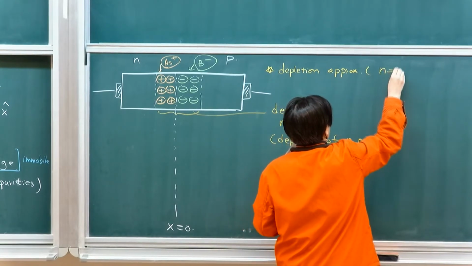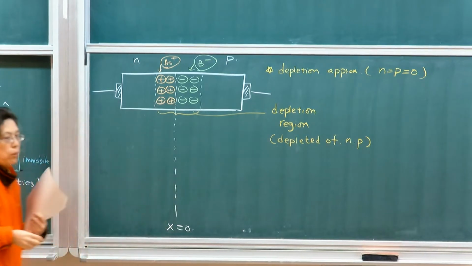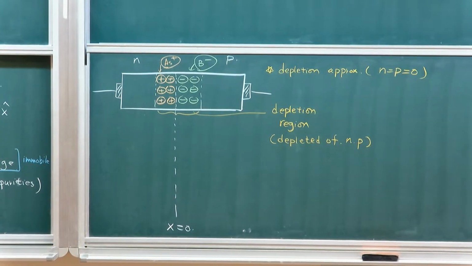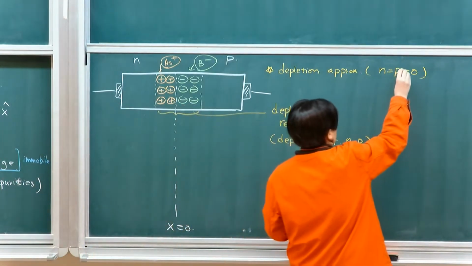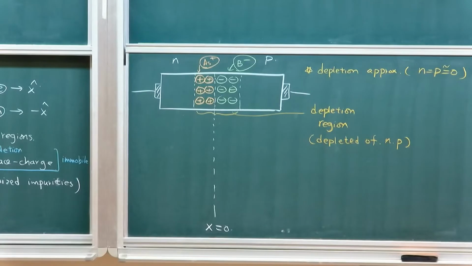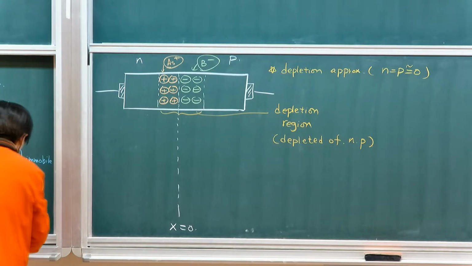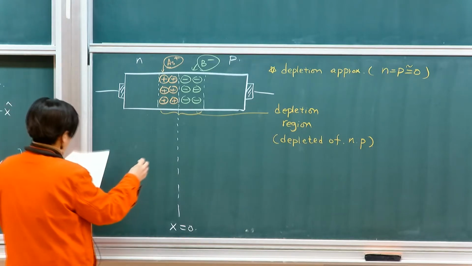n equals p equals 0. There are no electrons and no holes within this depletion region. This is an assumption; I should say it's an approximation, so it's approximately close to 0. Meaning that within this depletion region, the amount of charge is governed by this ionized impurity.